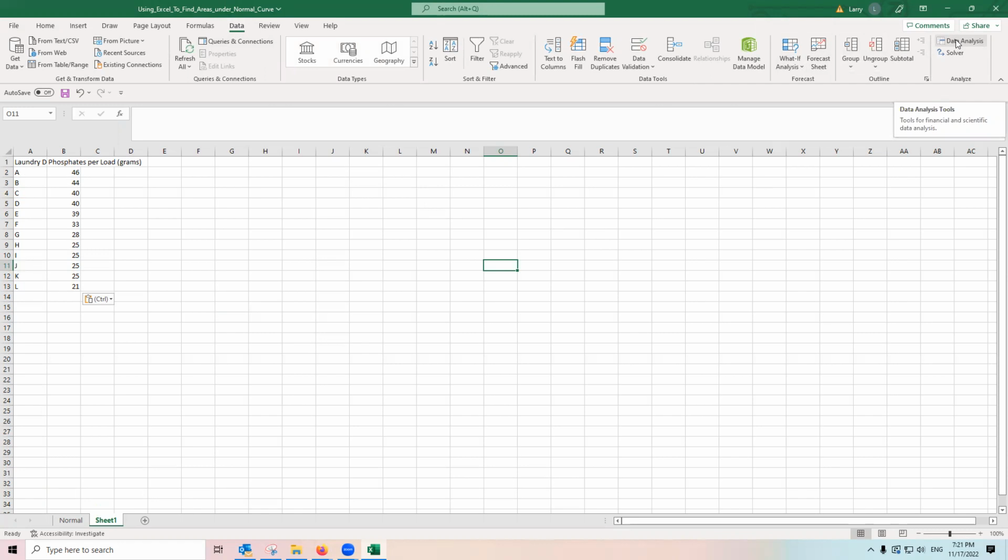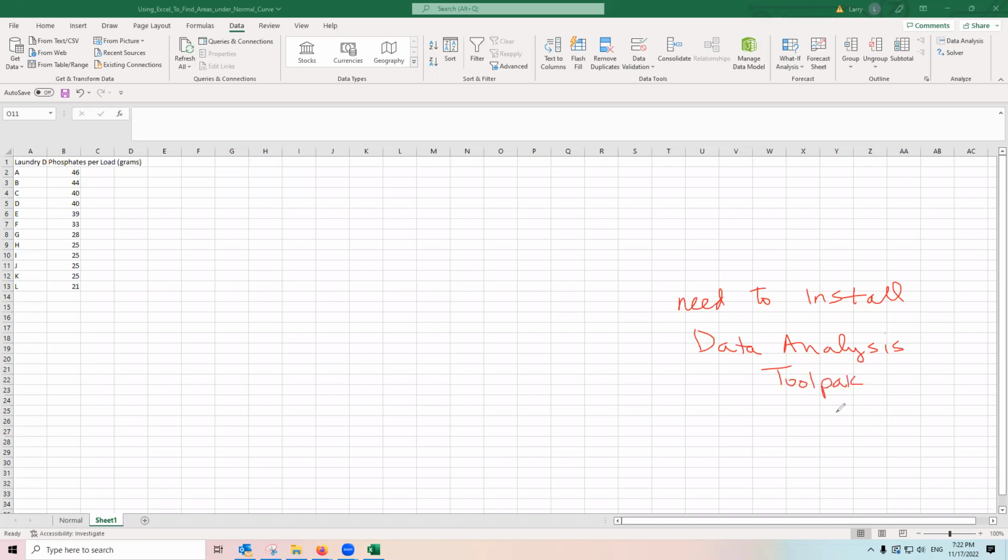Now, if you don't have data analysis available, you might need to install what's called the Data Analysis Tool Pack in Excel. And this is a free installation. You don't have to pay for this. And I'll post a video on how to install this if you don't have it available. It just takes a minute or two to install this data analysis tool.